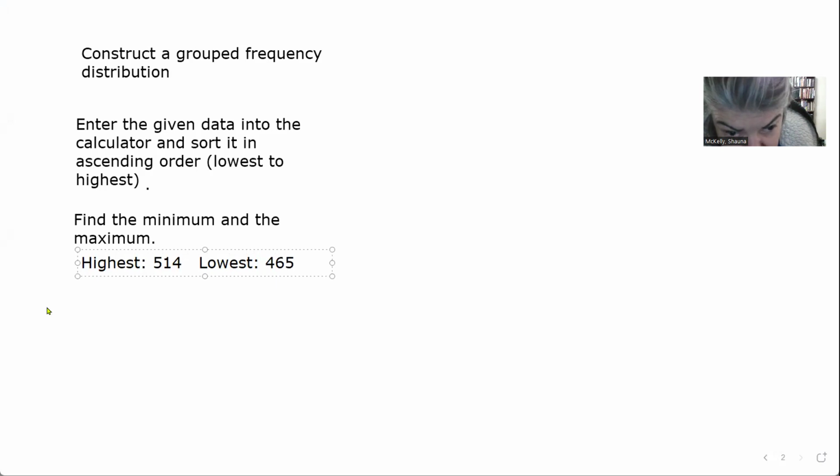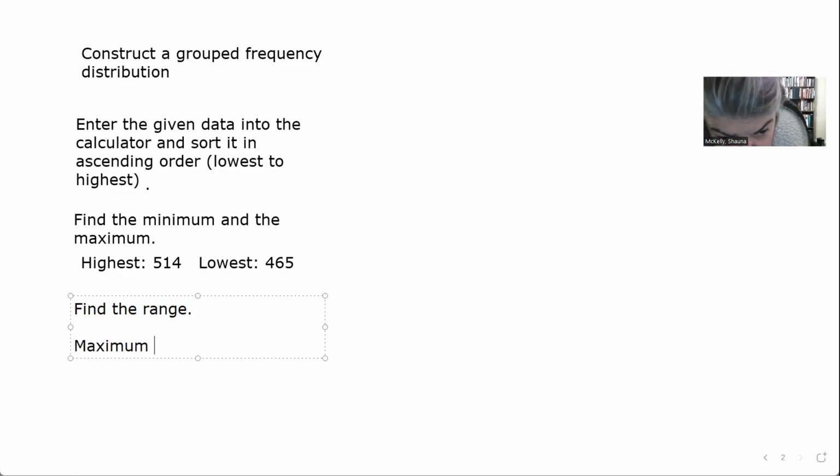So the next thing you want to do is find the range. Now the range, we're going to learn a lot more about this later, but the range is always the maximum minus the minimum, the highest minus the lowest. So we have 514 minus 465. Okay, that's going to give us our range.